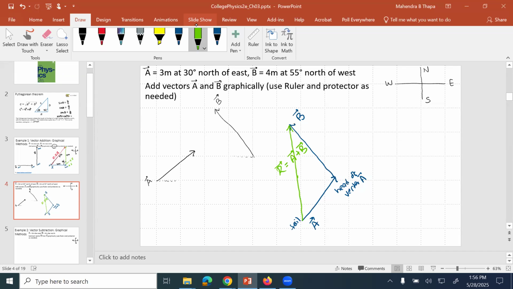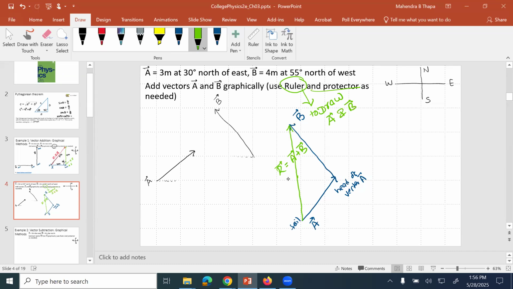It could be different. So you have to use the ruler and the protractor. So you have to measure. So the goal is to use the ruler and protractor to draw A and B.